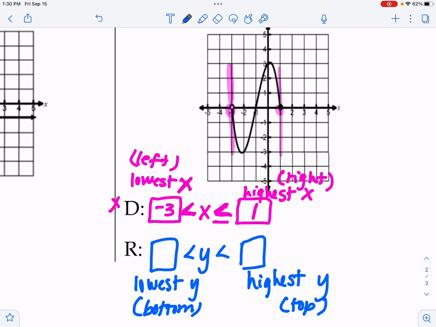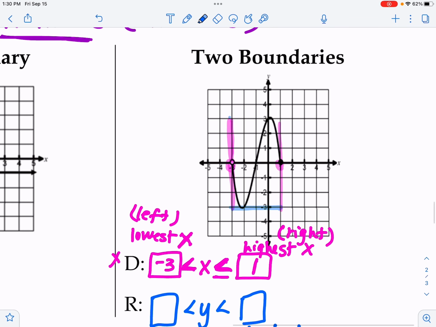Okay, so the bottom of the box would be here at -3, and then the top of the box would be here at +3. Notice I'm highlighting y values on the y-axis because this is range. So the range goes from -3 to 3.